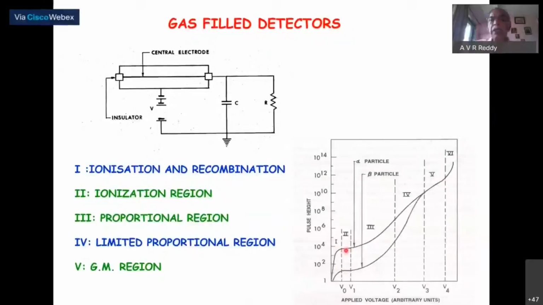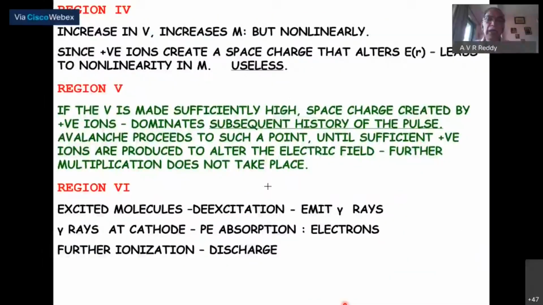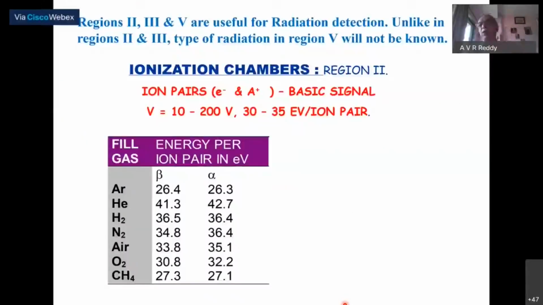So this is an important slide, and if you have some doubts, you can write here. Otherwise, later also you can ask. The explanation I gave is described in the next 2 slides, so I will not spend time on that. Now, I will give you some examples of ionization chambers.